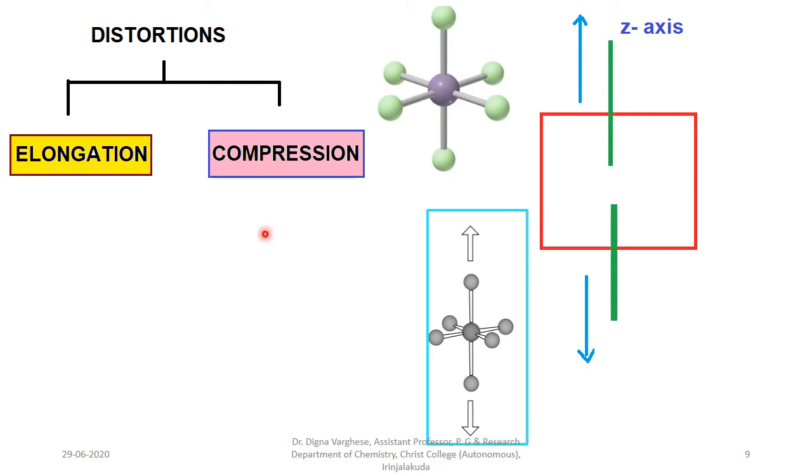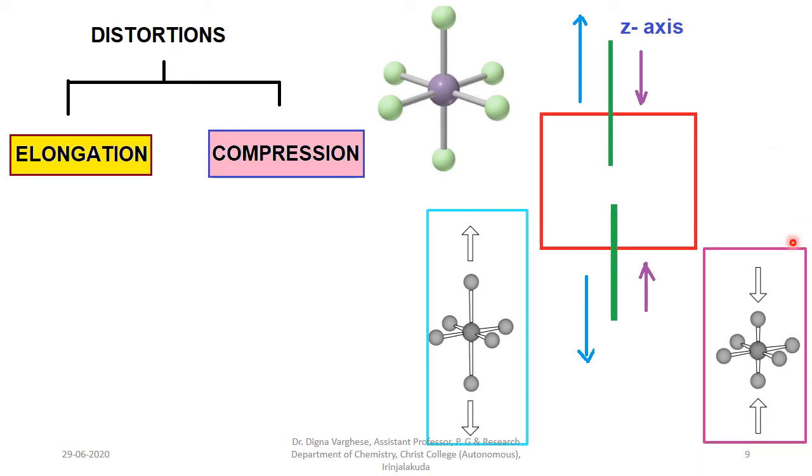And the other distortion that can occur is compression. That means the ligand on the z-axis moves towards the metal. This also changes the energy of the system, that is, moving towards the metal center is compression.